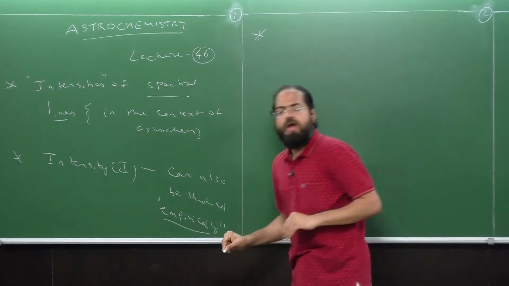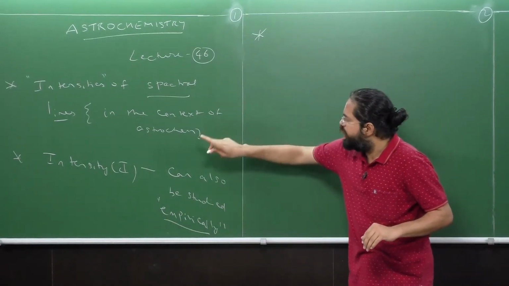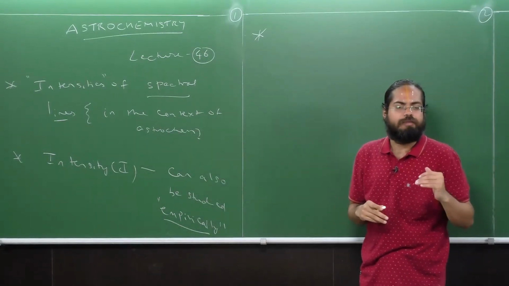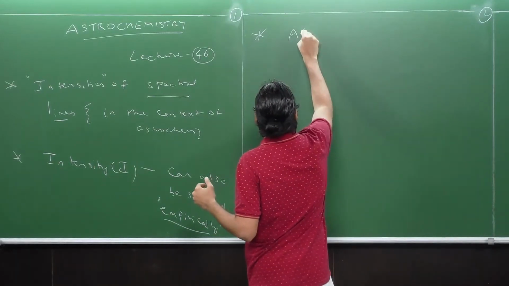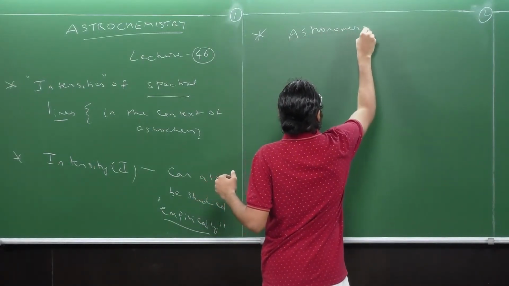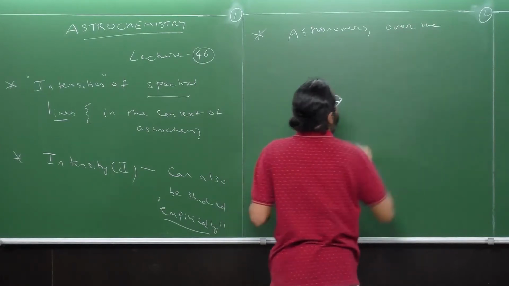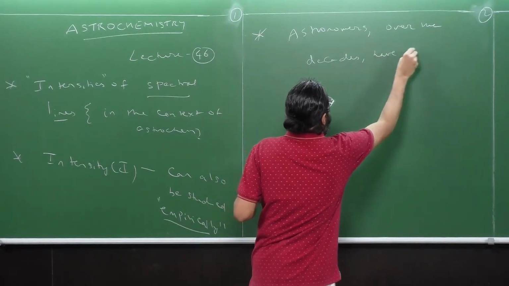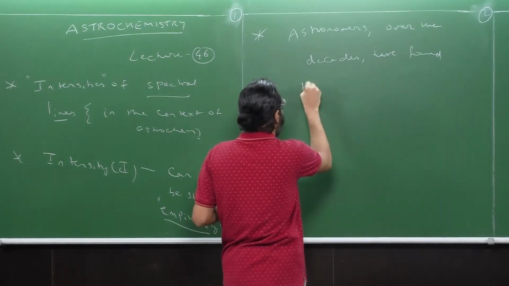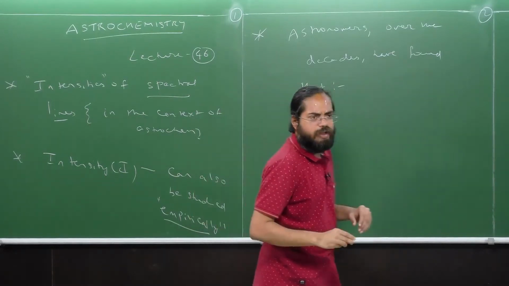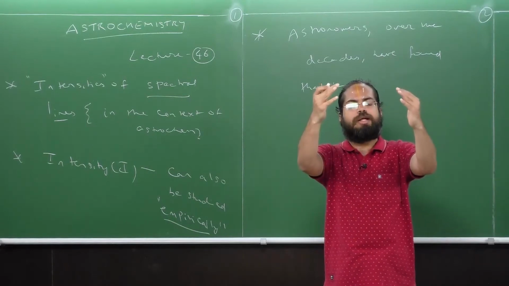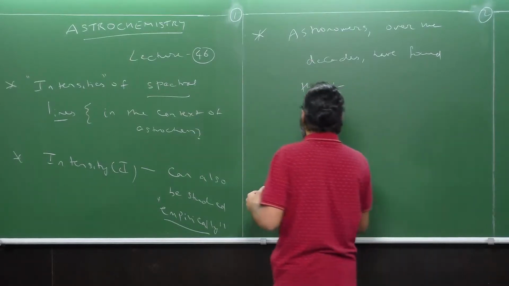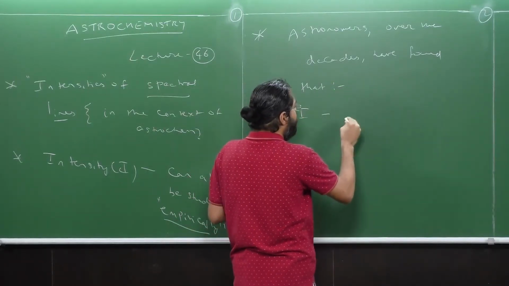Now, in the context of intensities of spectral lines while studying astrochemistry, a lot of astronomers over the years, in fact over the decades, have found that, let's say there is some intensity of light which is absorbed by some molecular cloud.